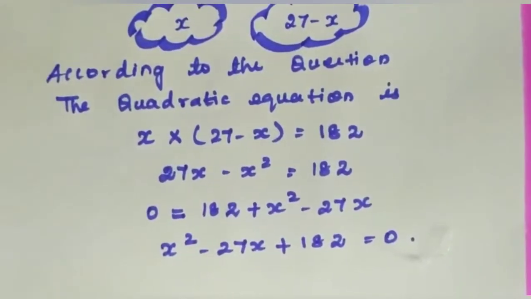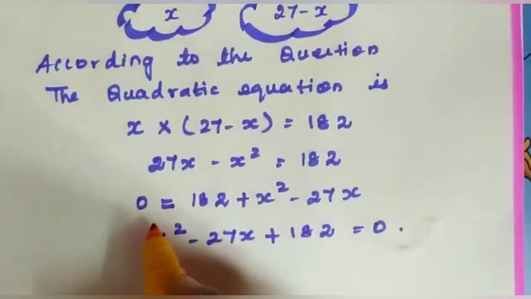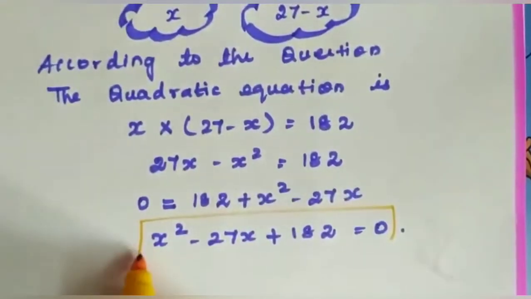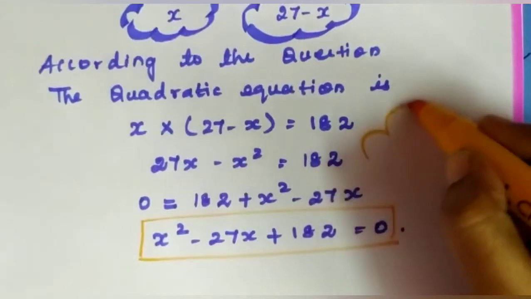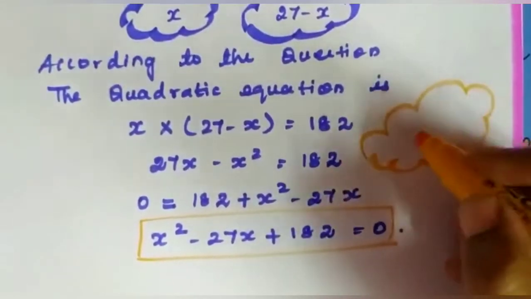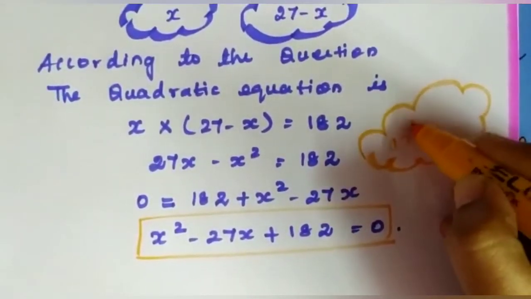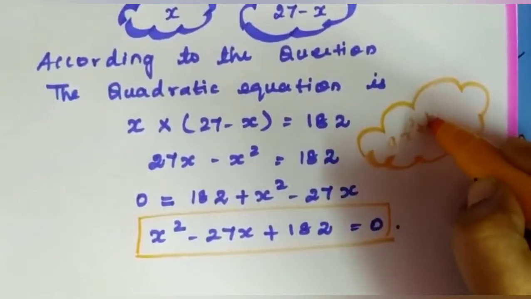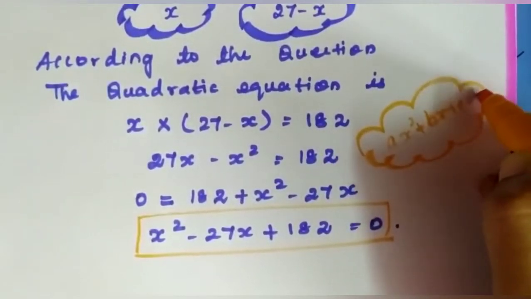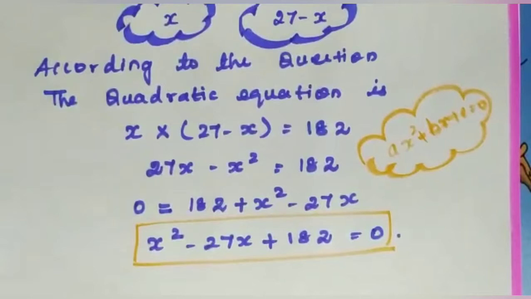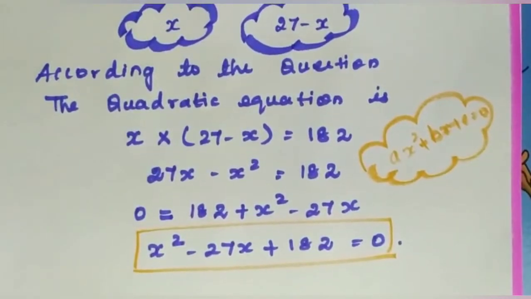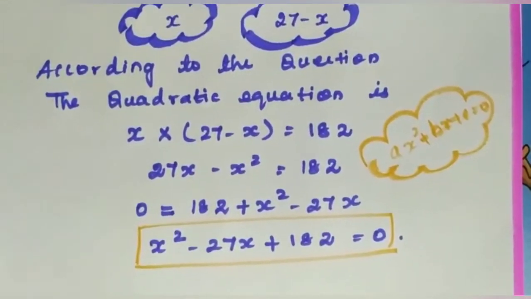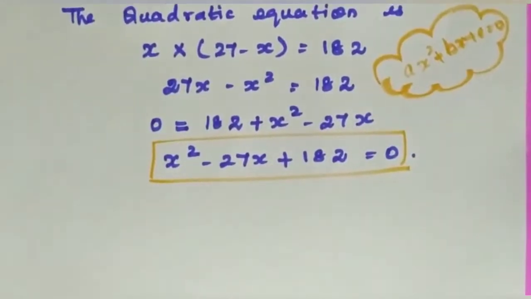So this is the quadratic equation. So we write in the form of quadratic equation. What is the general form of quadratic equation? Ax square plus bx plus c is equal to 0. This is the general form of the quadratic equation.